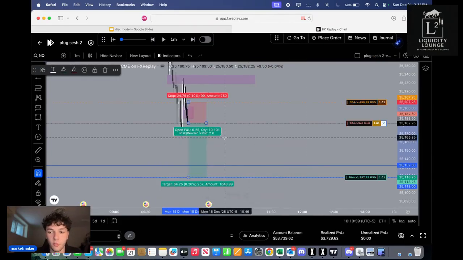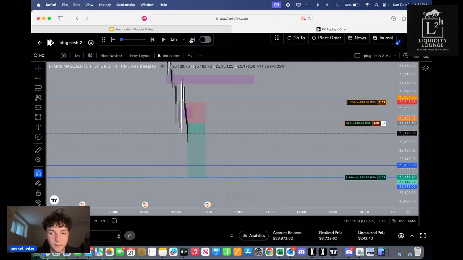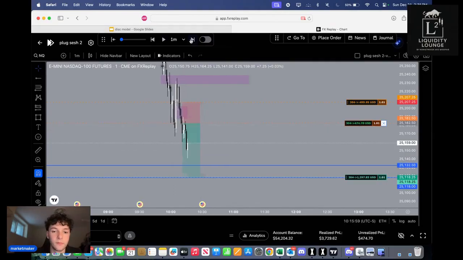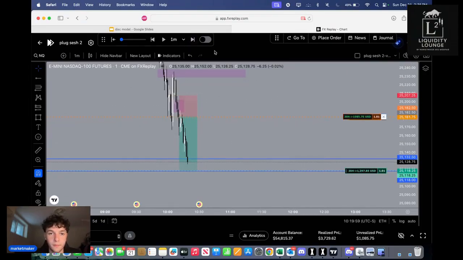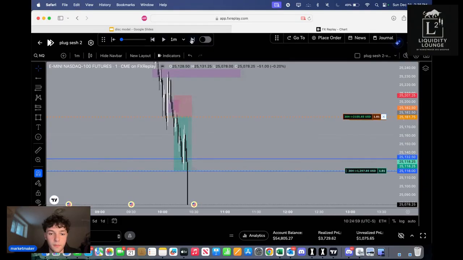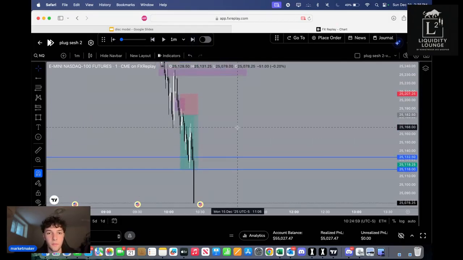We get a 1 to 2.6 R. Now let's see if this plays out. We could go break even now that we took out this low. And beautiful, beautiful, beautiful delivery.